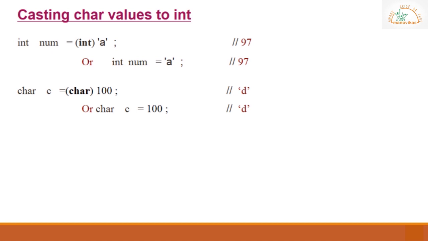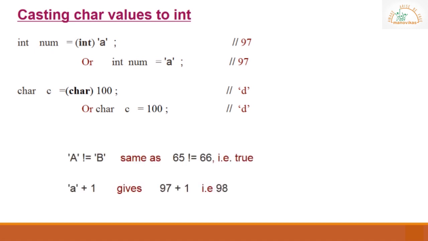In my example, the integer value I have considered is 100. For this Unicode 100, the respective character is small letter d. So the character variable C will get the value as alphabet d. That is character literal d will be assigned to that character variable C.